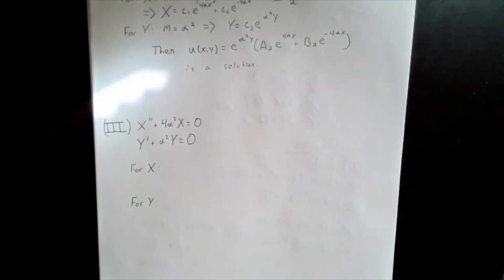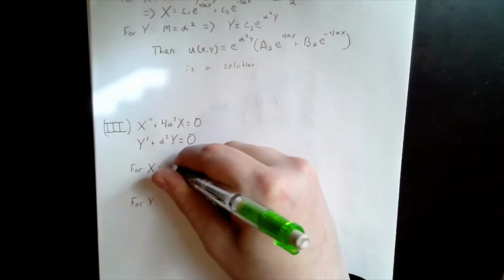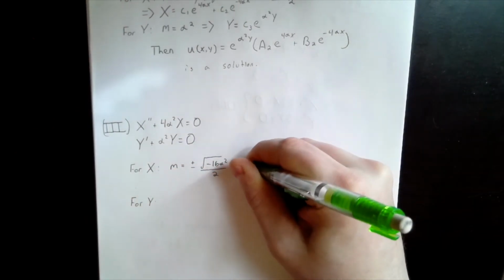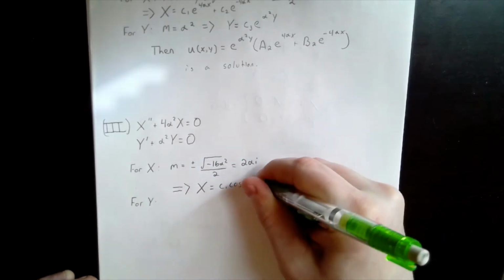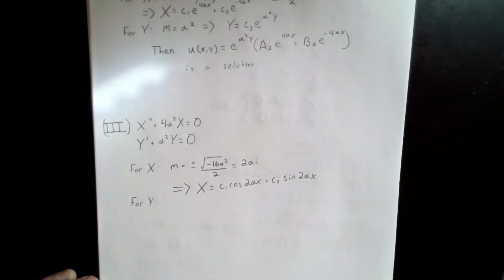Finally, we solve for the form of the solution in case 3, where lambda is greater than 0. In this case, the auxiliary equations for the equation in x yields imaginary roots, plus or minus 2 alpha i.